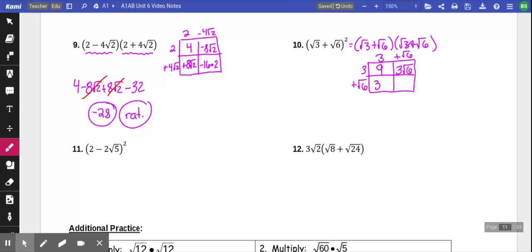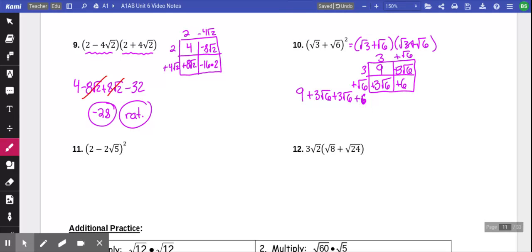Happens again in the bottom left. And radical 6 times radical 6 just simplifies to give us 6. So what comes out of the box is 9 plus 3 radical 6 plus 3 radical 6 plus 6. So all the terms are positive. That's why we're saying plus.